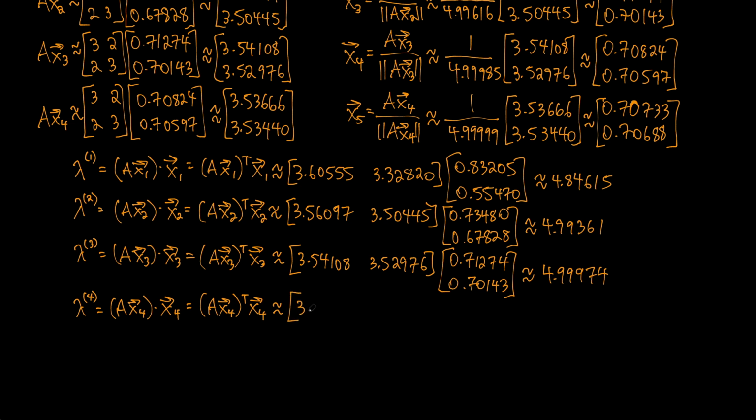So we'll multiply [3.53666, 3.53440] by [0.70824, 0.70597], giving us 4.99999.